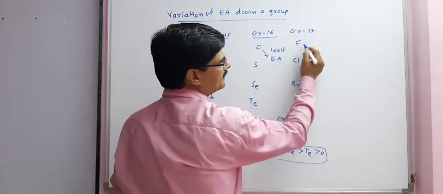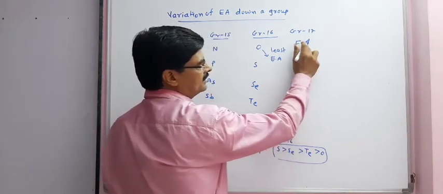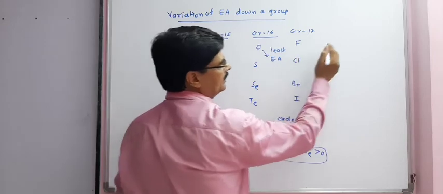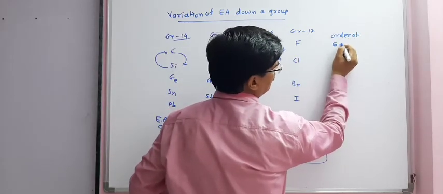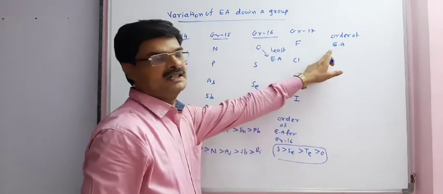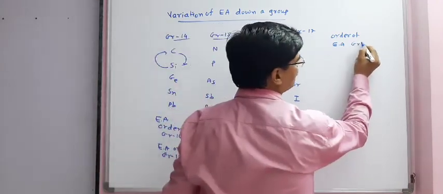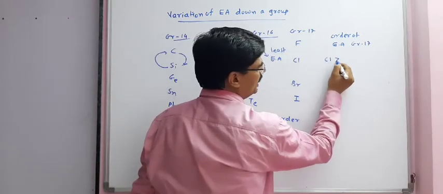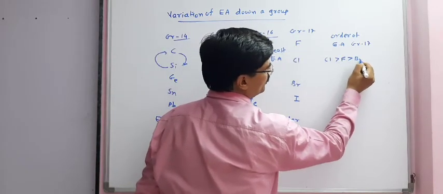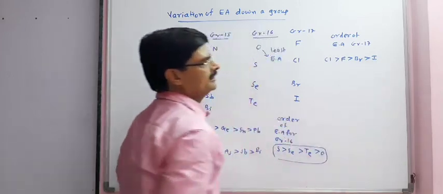For group number 17 again, the order is reversed for fluorine and chlorine. Order of electron affinity for group number 17, it is chlorine > fluorine > bromine > iodine.